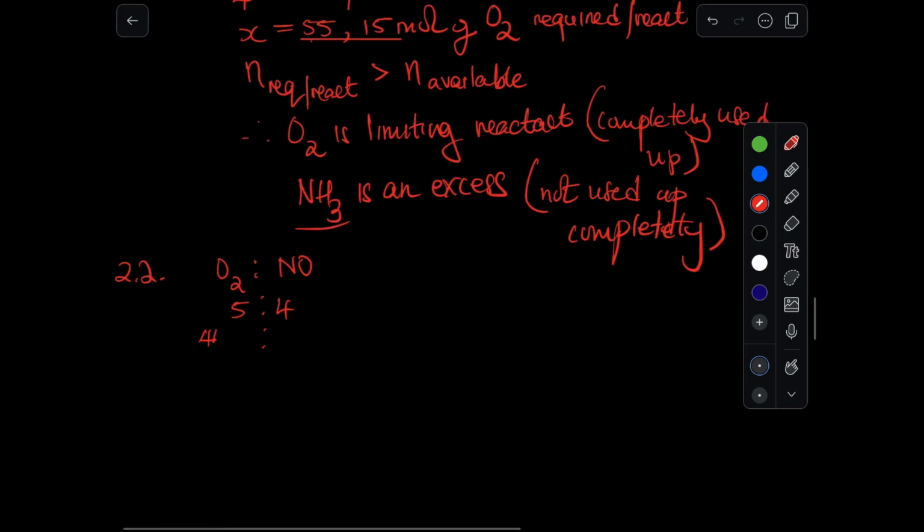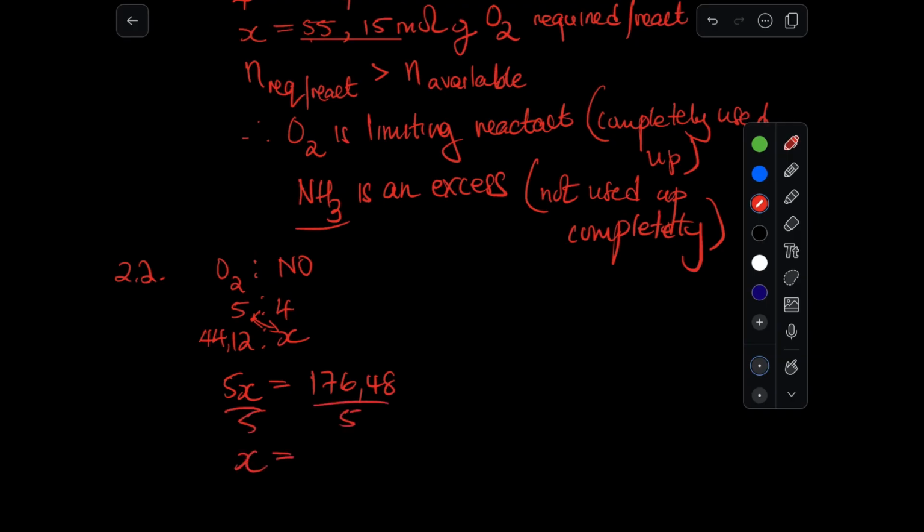And we wanted the nitrogen oxide, which is the amount that is produced. We cross multiply. So 5x is equal to 44,12 multiplied by 4. I punch that in the calculator, it's 176,48.